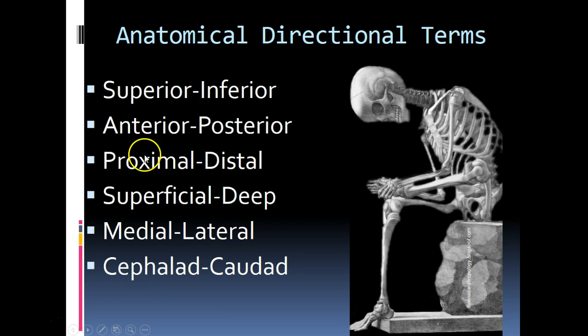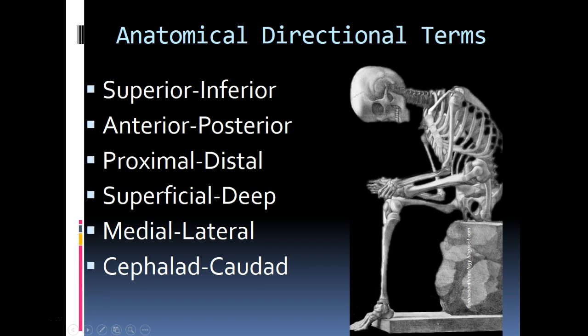And then when we are using the term inferior, what we're using it for is to describe something that is below another anatomical structure, right? And so in the anatomical position, the most superior part of the human body obviously is the head, right? And then the most inferior part of the body are the feet, right? And so most superior part would be the head, most inferior part would be the feet.